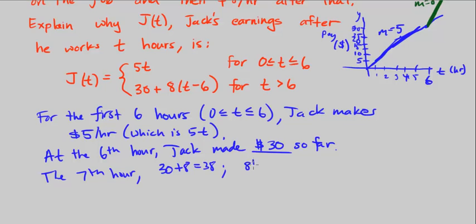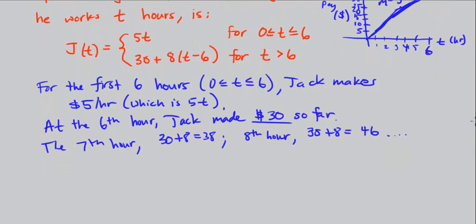The 8th hour, he's going to make 38 plus 8, right? He's going to add an additional 8. 38 plus 8 is 46, and so on. Then we're going to add $8. Is this basically what that is saying?